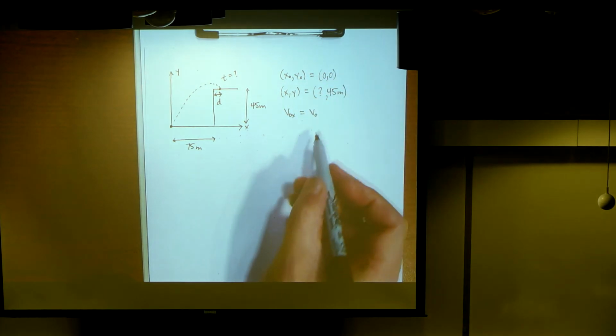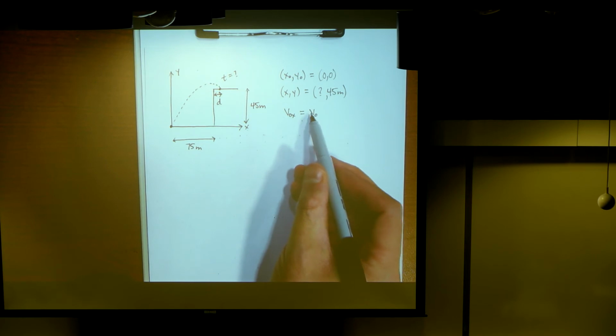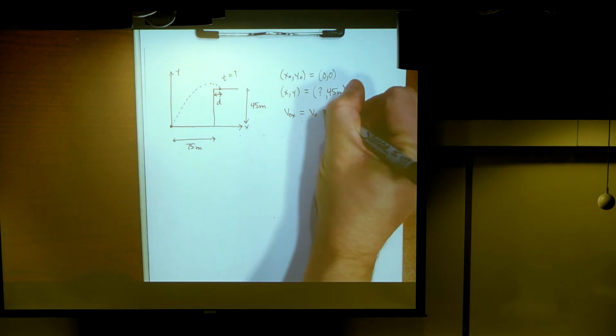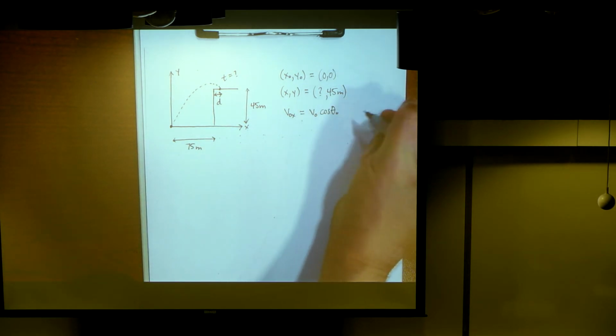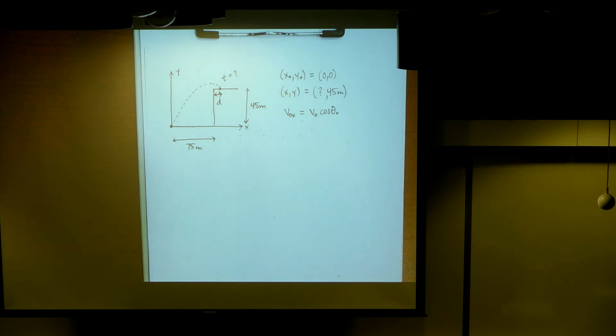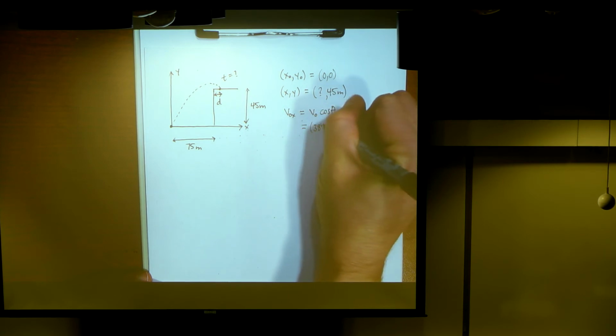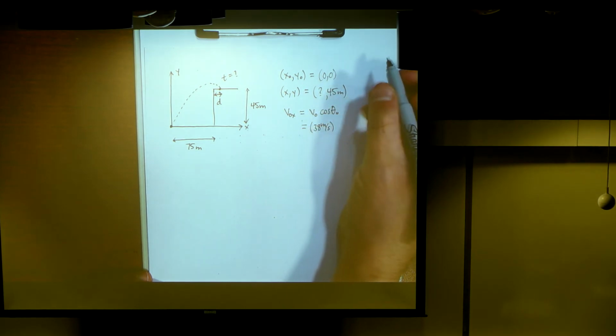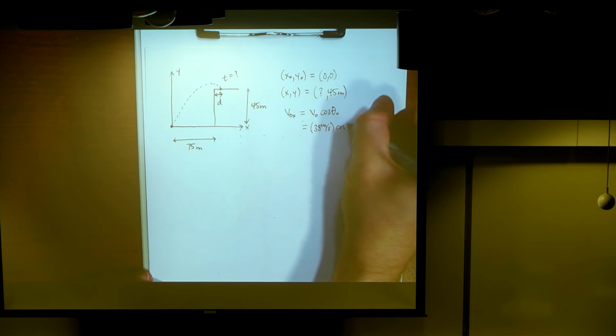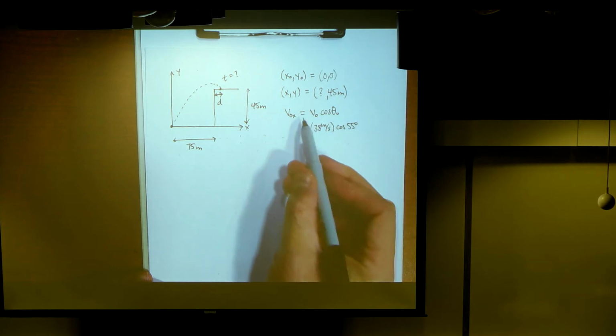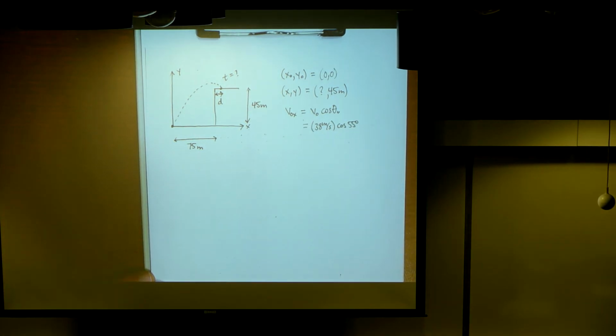Yeah, so I take the initial speed at the time of launch times cosine of the angle that we launch it at. And in this case, we know both of these things, right? We launch at a speed of 38 meters per second, and we launch at an angle of 55 degrees. So that would be v naught x, okay?